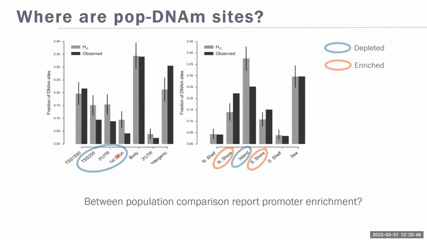The more boring explanation is that there's differential power in identifying differences near promoters versus other genetic contexts, and the only way to find out is to increase sample size.